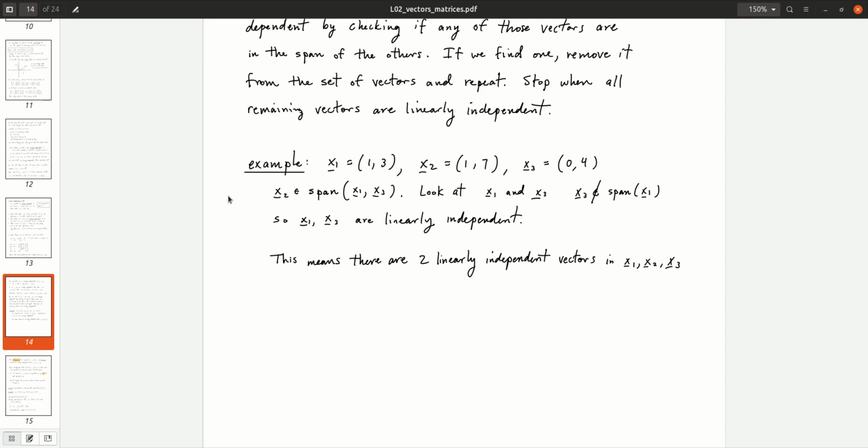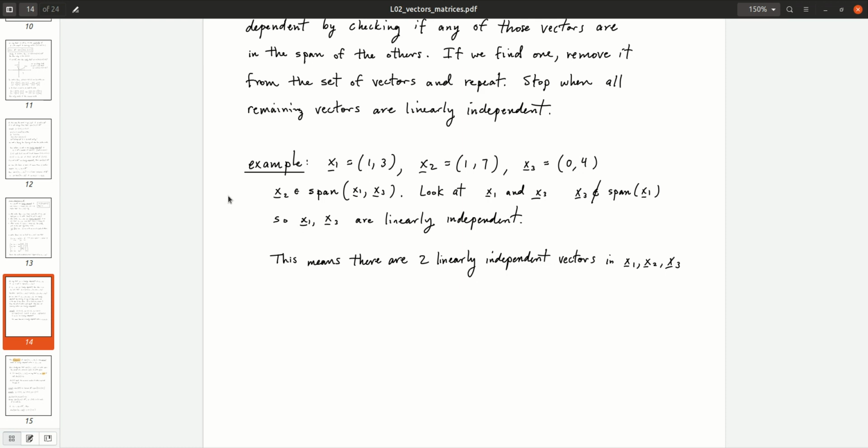We know that the span of x1, x2, x3 equals the span of x1 and x3. Therefore, the dimension has to be less than or equal to 2. And we know that the span of x1, x2, x3 is not equal to the span of x1, and therefore the dimension of V has to be 2.